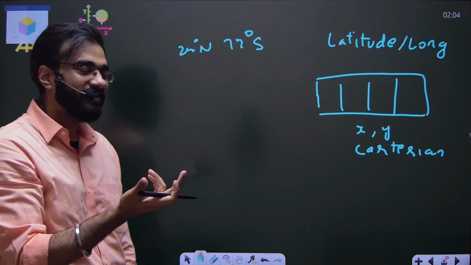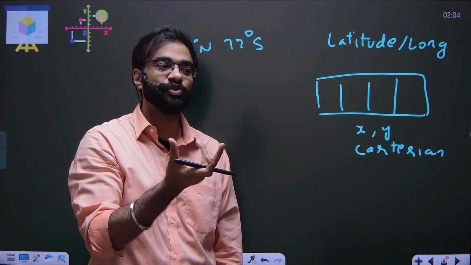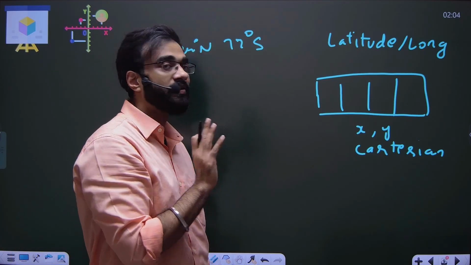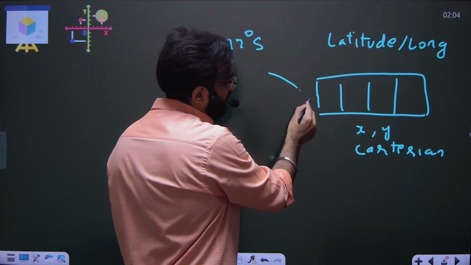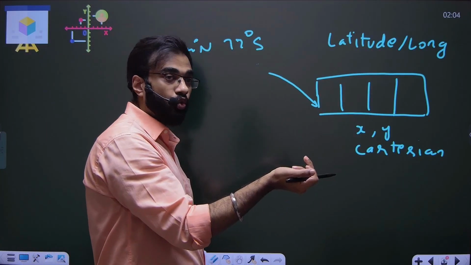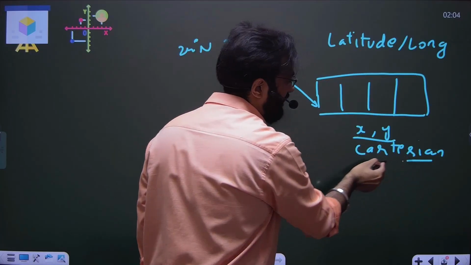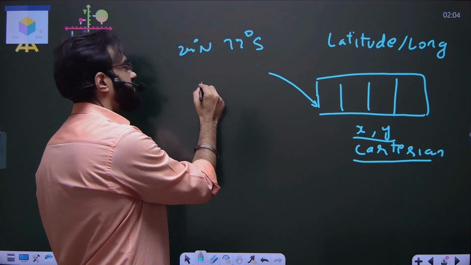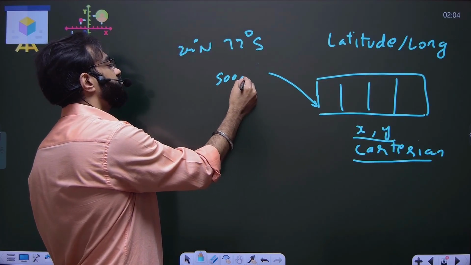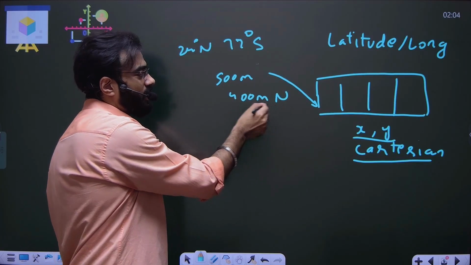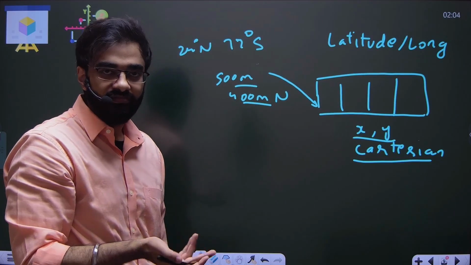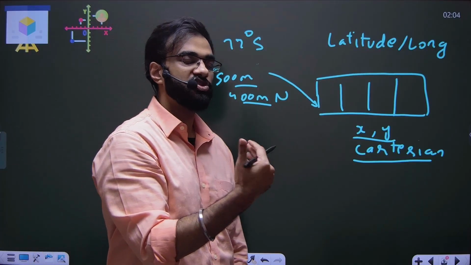Until we have a GPS location, or we share it through Google Maps, we cannot reach there. If we project it into a Mercator or any other 2D format which has these x and y coordinates, we can say, okay, I am 500 meters east of you and 400 meters north. So it will be much easier to calibrate and much easier to measure.